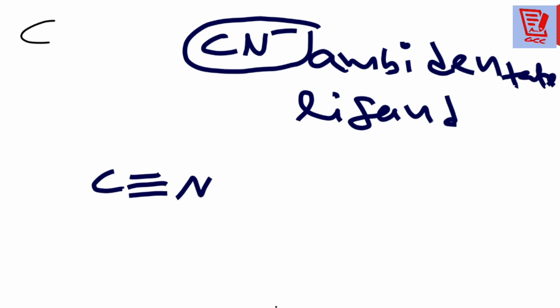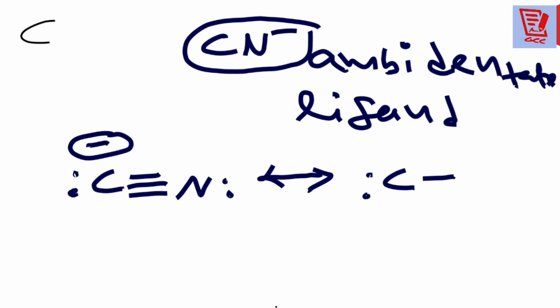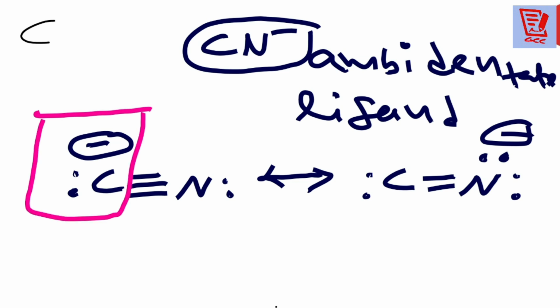This is CN negative, here is the negative, and then its resonating structure is like this. Now see the difference in the structures. Here carbon is the donating site, here nitrogen is the donating site.